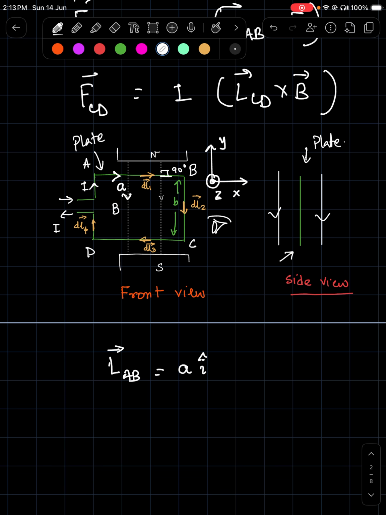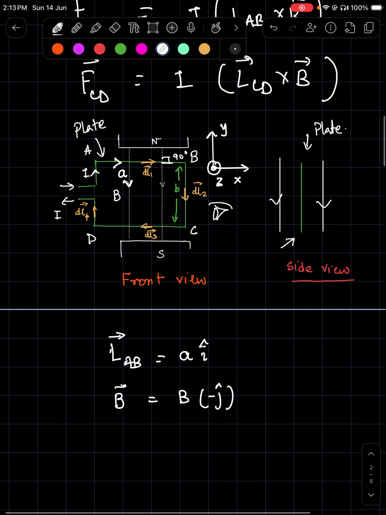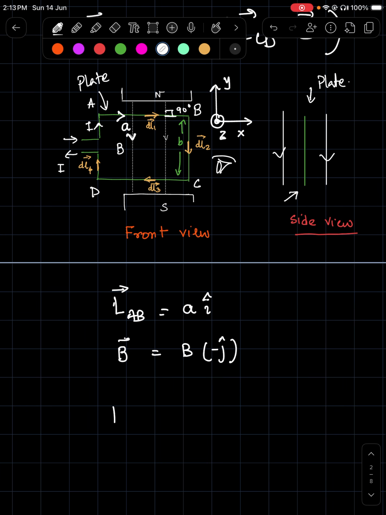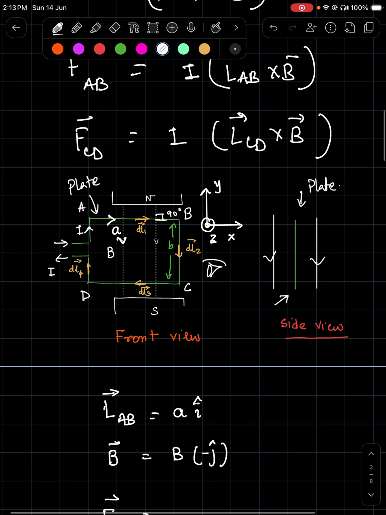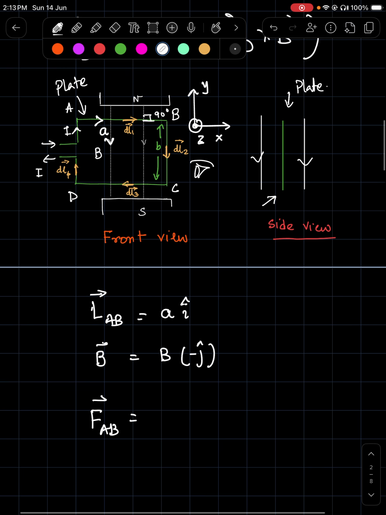The magnetic field is now pointing downwards, which is opposite to the y-axis. So the magnetic field can be written as B into minus J cap. So if I am now going to calculate FAB, that is simple, right?